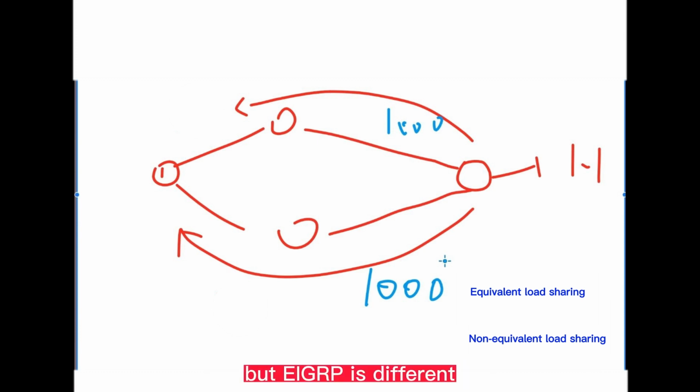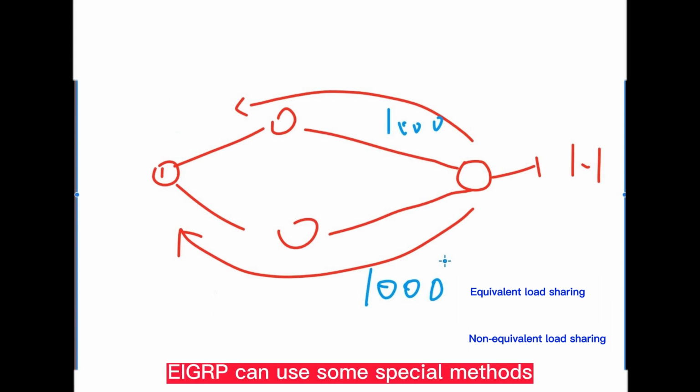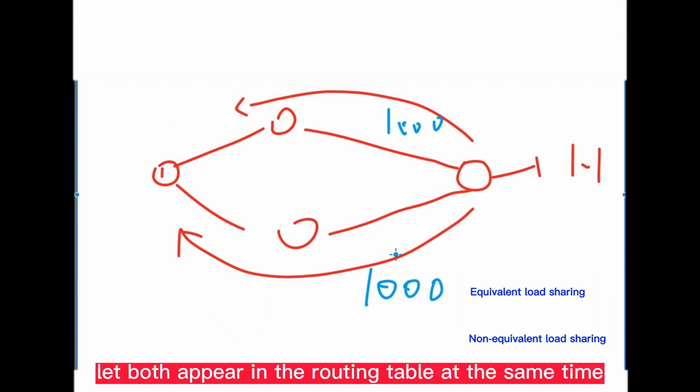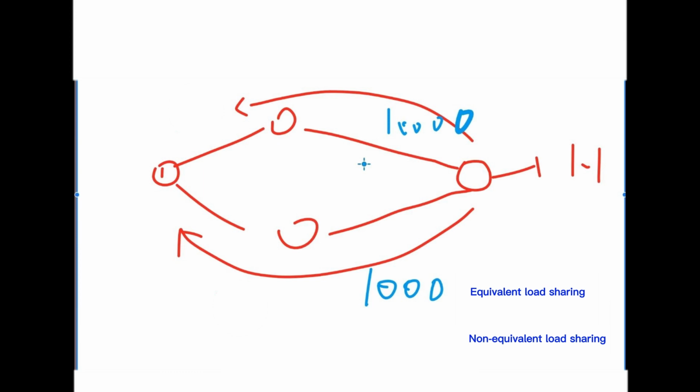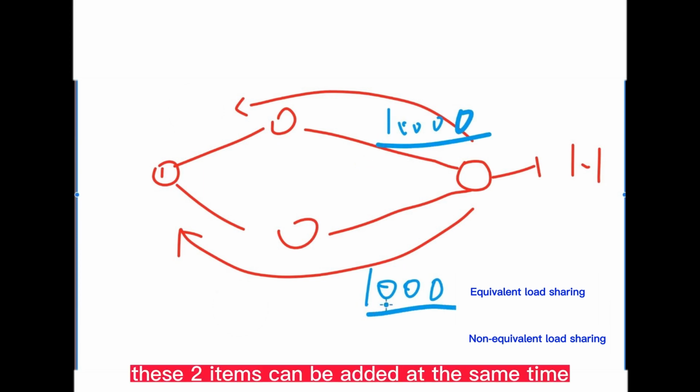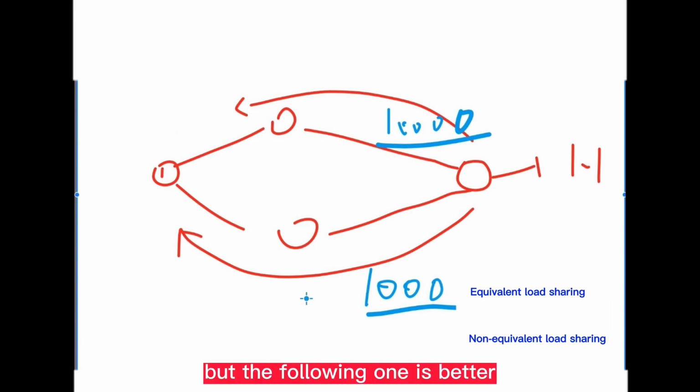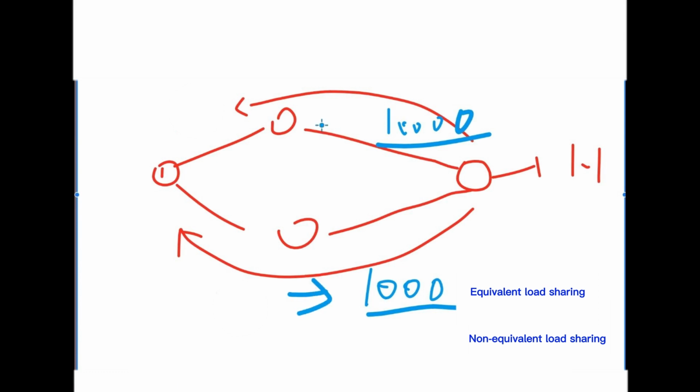But EIGRP is different. EIGRP can use some special methods to let both appear in the routing table at the same time. If I change it to 10,000 above, and the one below is still 1000, these two items can be added at the same time. But the one below is better, and the one above is worse.